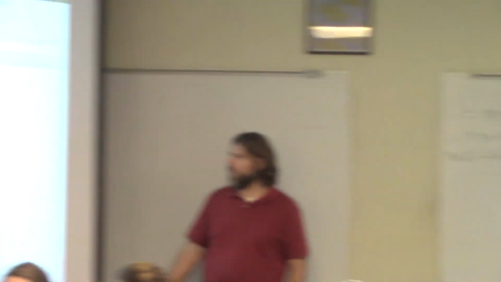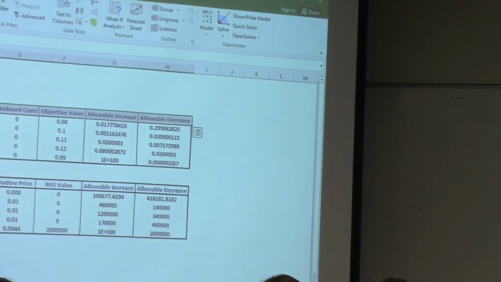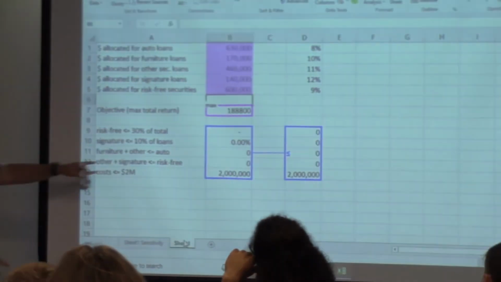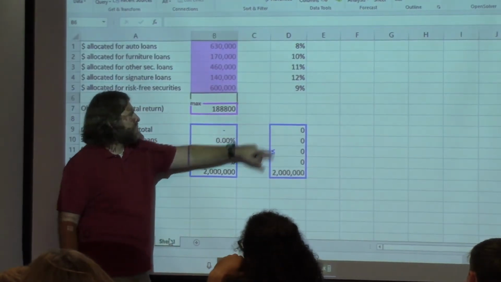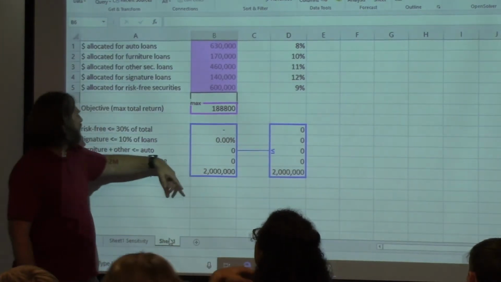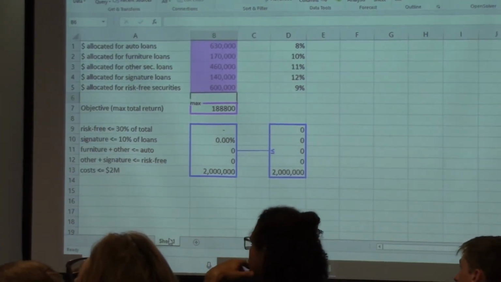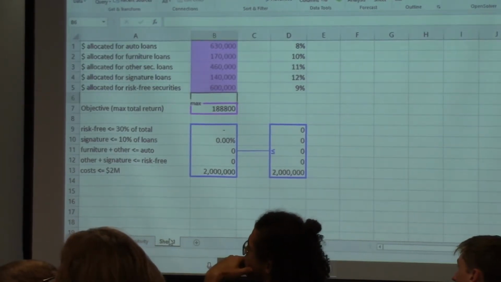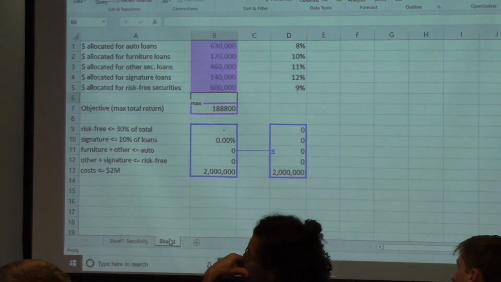If we do it by dollar amount though, would that mean if we added $1 more to the risk-free loan? No, because this right-hand side is not a dollar amount, right? Because we rearranged it here, it's the difference in this allocation.